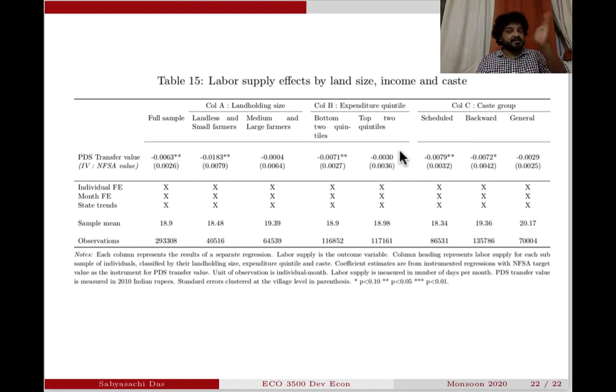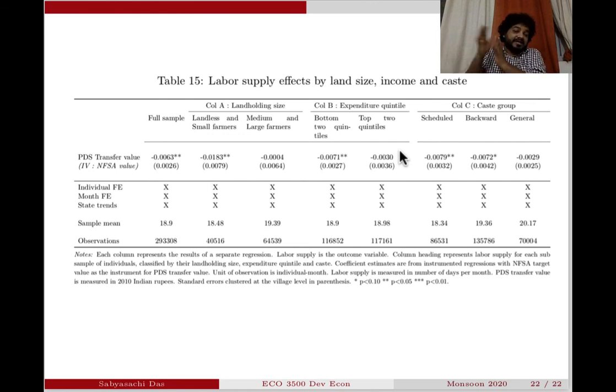The treatment here is PDS, and it's estimated using an instrumental variable: the simulated value of the transfer, computed using the exact rules of the transfer, to predict the actual value of the transfer, and to test whether an increment in the predicted transfer actually changes labor supply and wages.